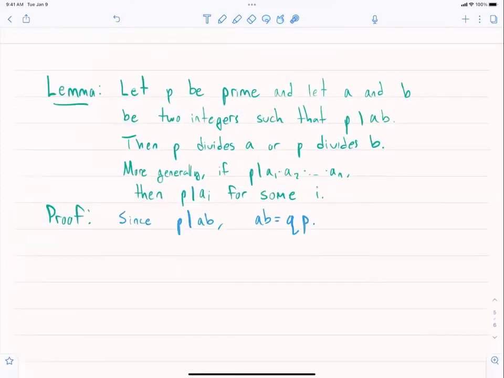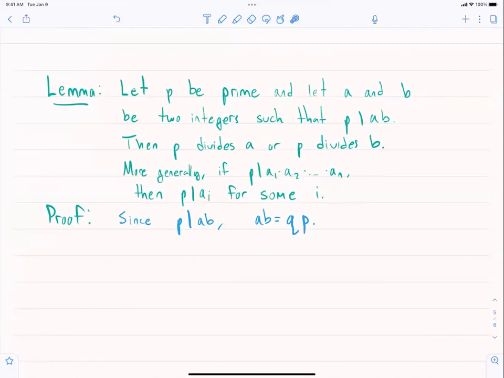The lemma says that if I have a prime number p and two integers a and b such that p divides a times b, that's the hypothesis, then the key thing is that p has to divide either a or b. So if it divides the product, it must divide one of the two numbers. More generally, if p divides a1 times a2 times up to an, where the ai's are all integers, then p must divide one of those integers.